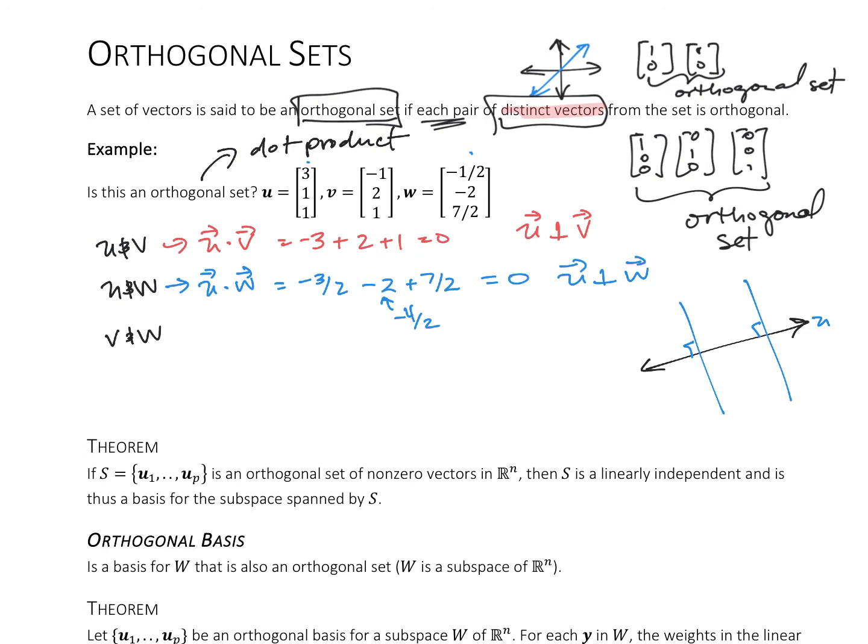I have to check this last pair to make sure we don't have a situation like this. What we want is all of them to be perpendicular to each other. That doesn't mean they have to sit in the same plane. They just have to be perpendicular to each other. Okay, we're done with you. You can go away. Sorry.